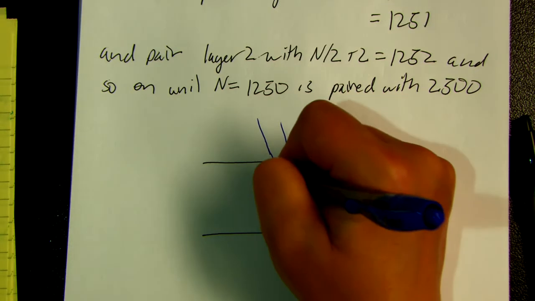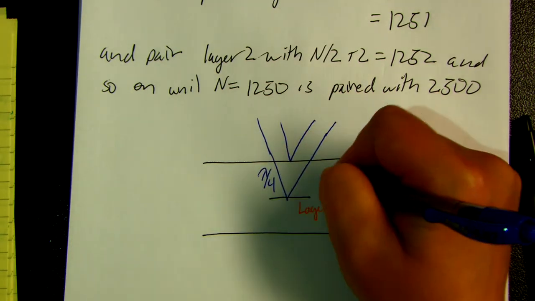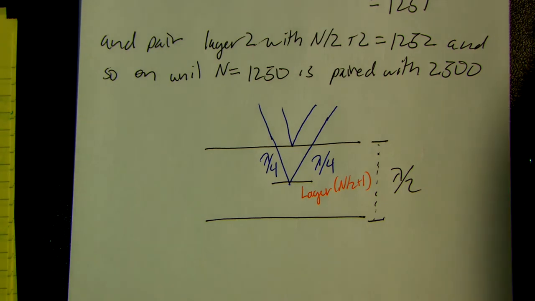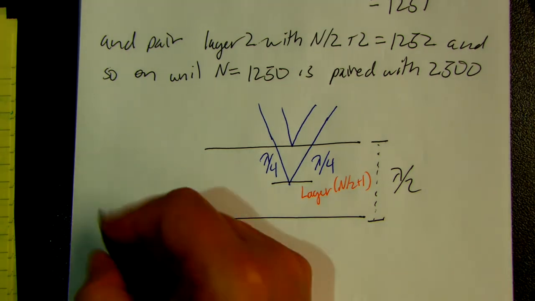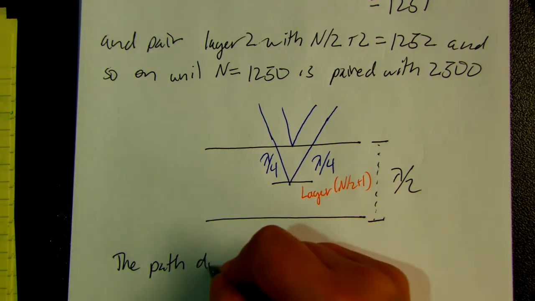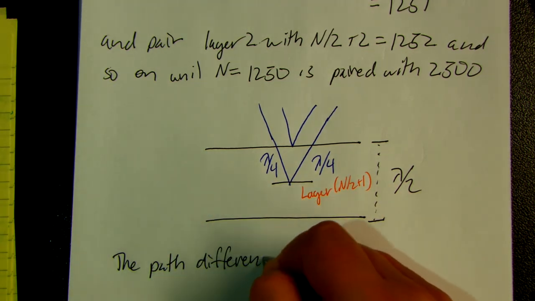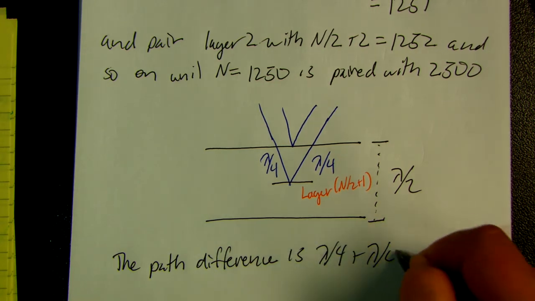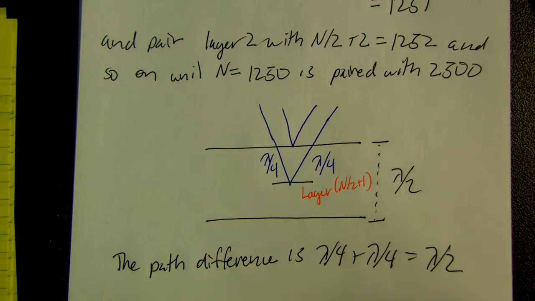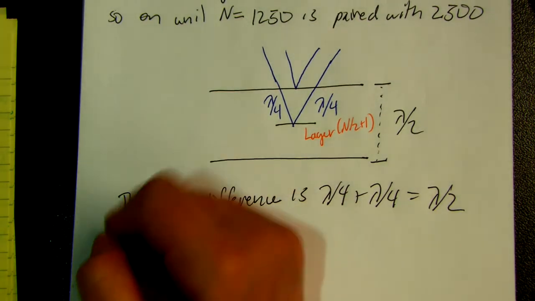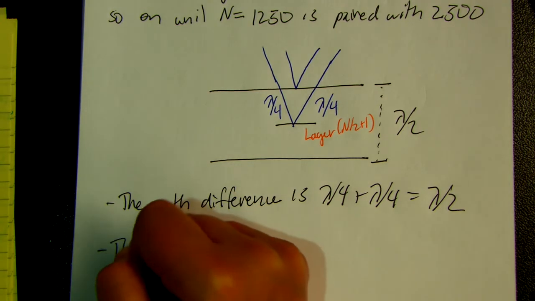So this would be lambda over 4, lambda over 4. All right, so the path difference, because these interference patterns are all about path differences, is lambda over 4 plus lambda over 4, which is lambda over 2. And this will be the case for each pair.